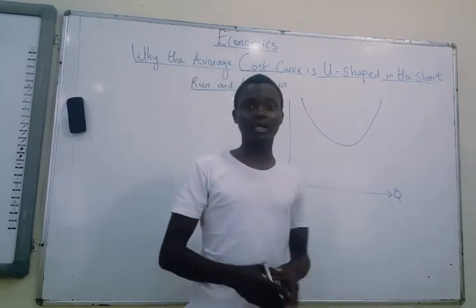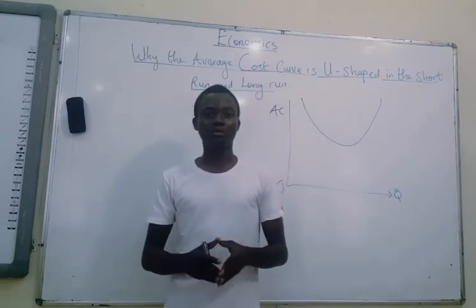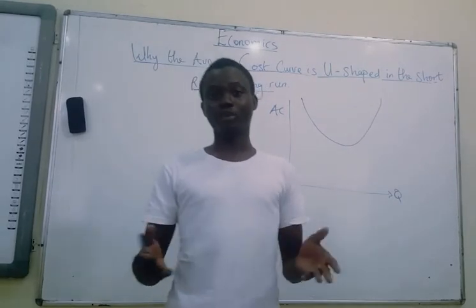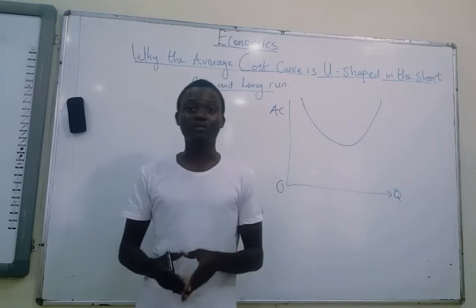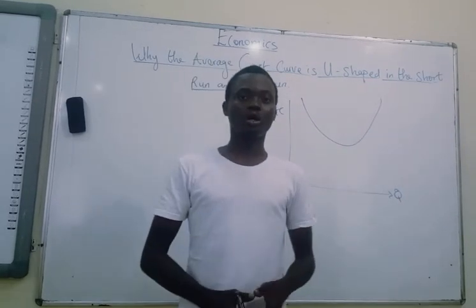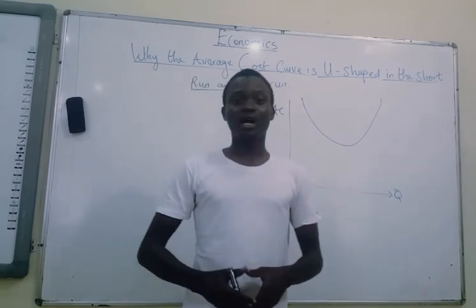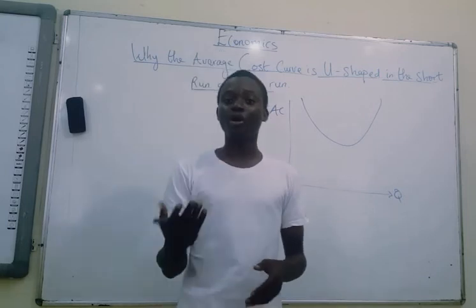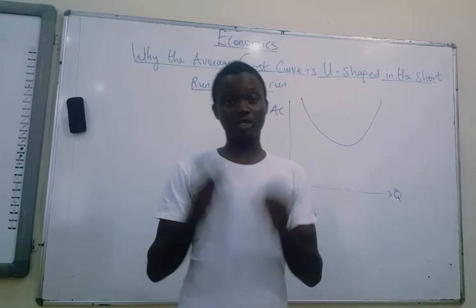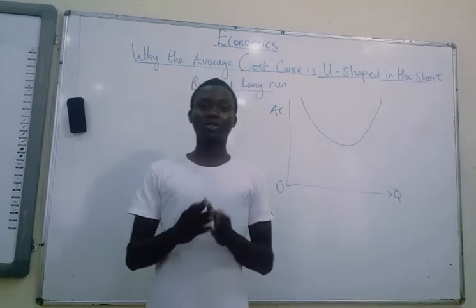So why is that so? Is there any difference? In the short run, what is responsible for the U-shaped nature of the average cost is simply the law of variable proportions, otherwise known as the law of diminishing returns. So what does the law of diminishing returns say? It says that when more and more of a variable factor of production is continuously added onto a fixed factor, output is going to increase at first.